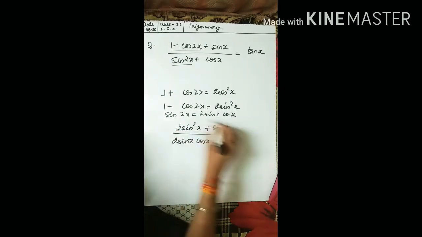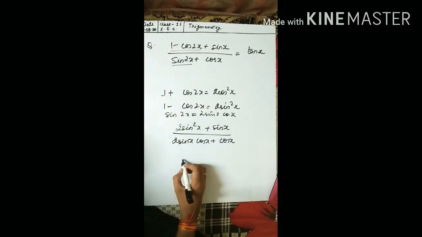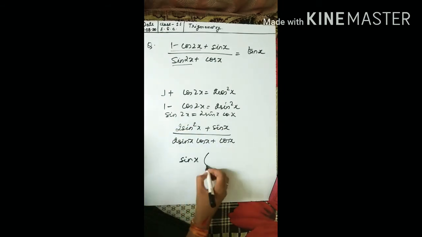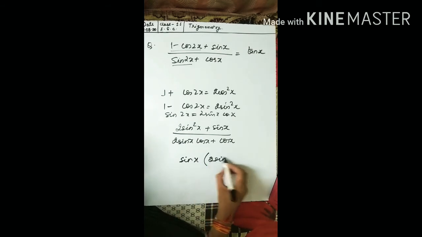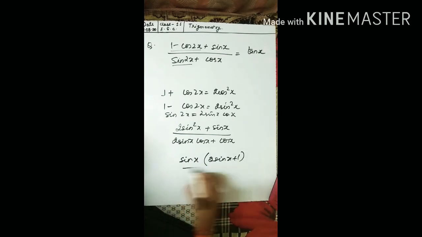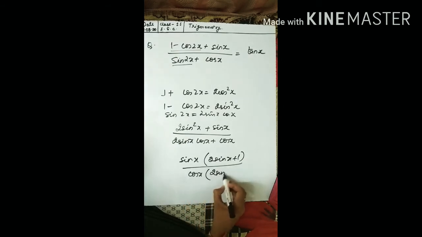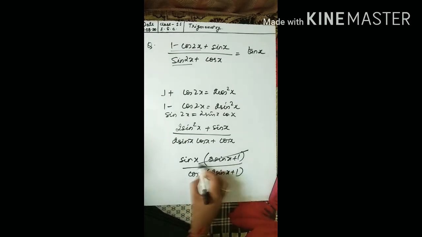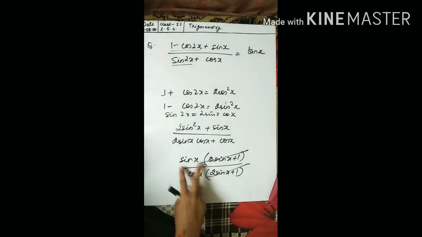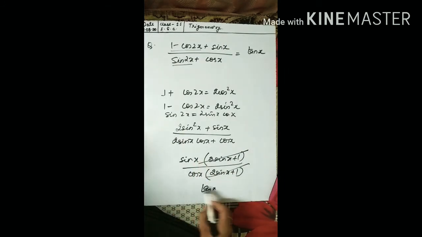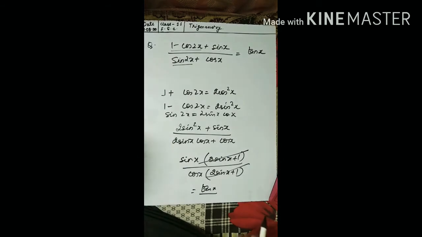Now see, from the numerator you can take sin x common, we are left with 2 sin x plus 1, and from the denominator you can take cos x common to get 2 sin x plus 1. They are cancelled easily. Sin x upon cos x is what? Tan x. So that is how we got tan x.